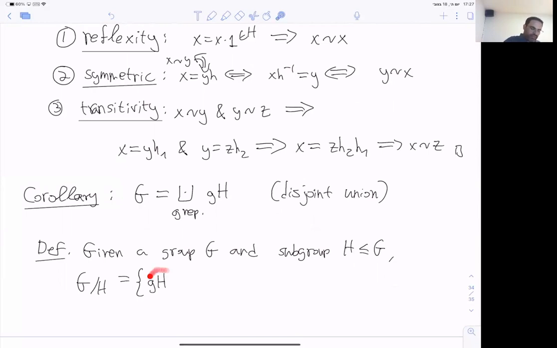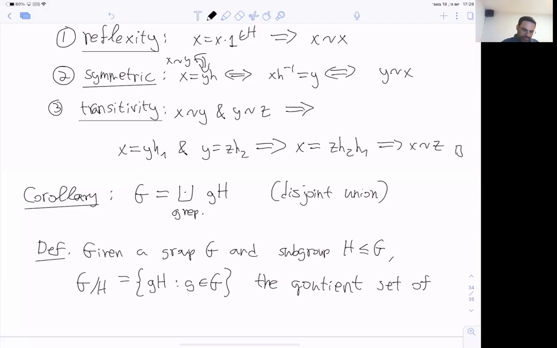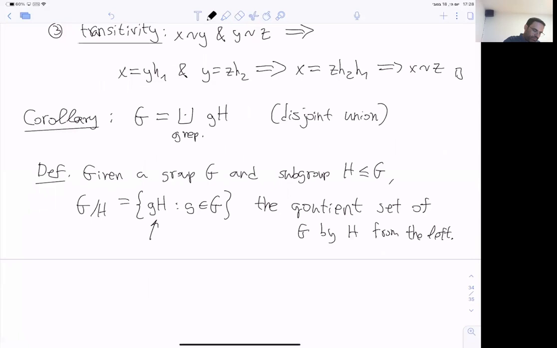I mean, every element here is a set, a shift of H. We call this set the quotient set of G by H from the left. And these are called left cosets.